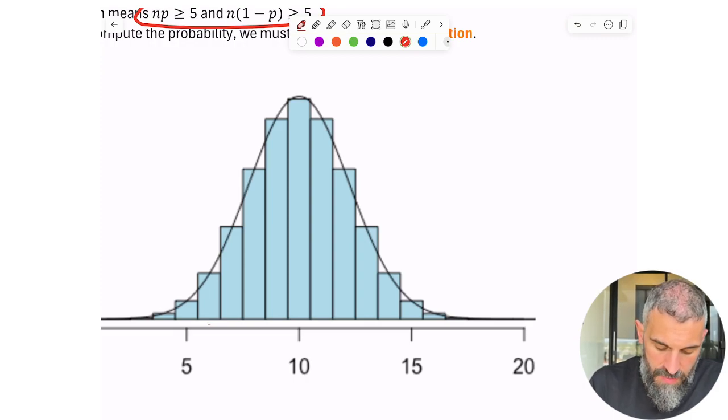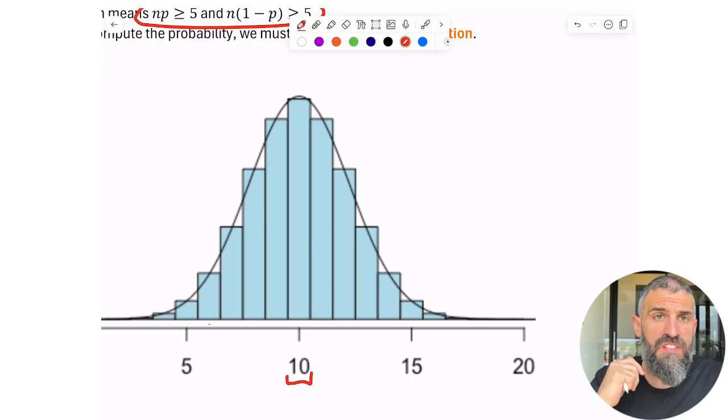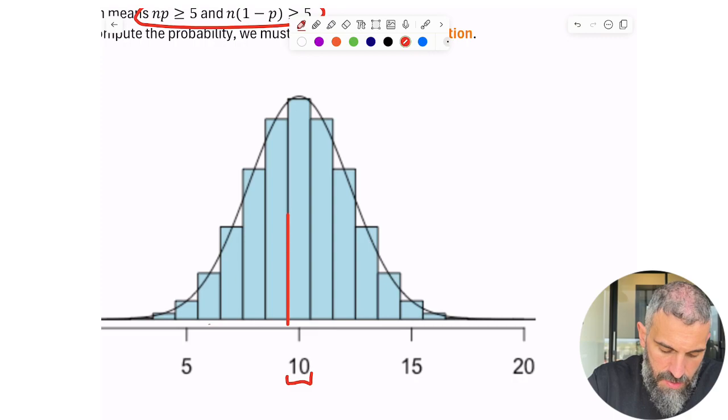Now let's pick any number. Let's pick the number 10. 10 is 10, right? You have 10 friends. You have 11 friends. You have 12 friends. You can't have 10.3. But how do I express the number 10 using something continuous? Well, the number 10 is everything between 9.5 and 10.5.